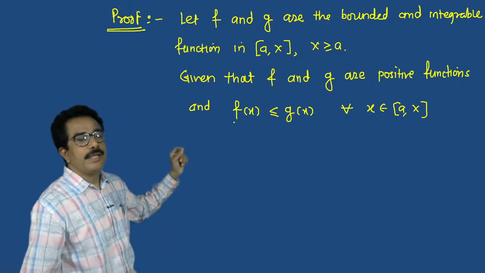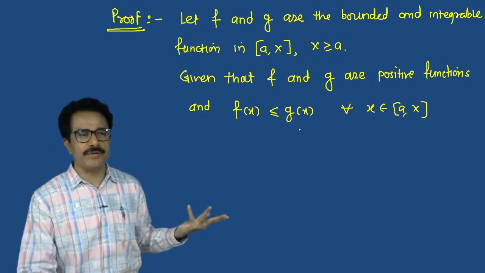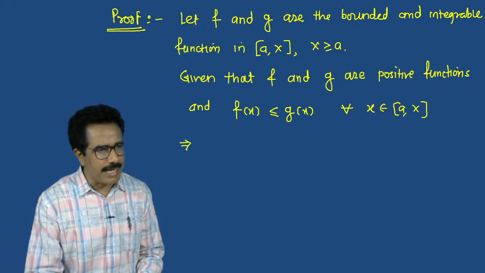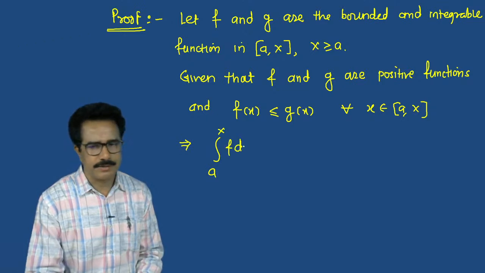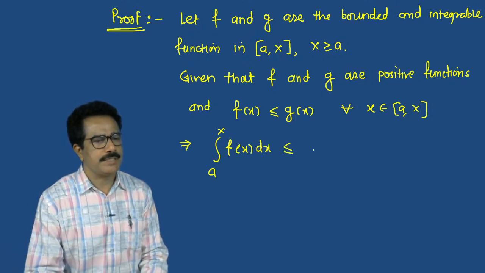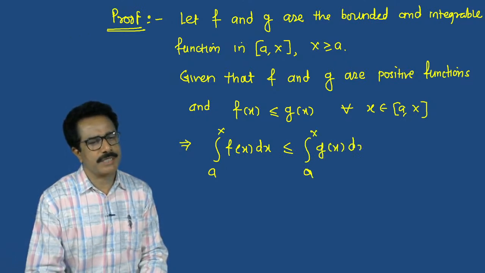If f is less than or equal to g of x and both are positive functions, then we can write that the integral from a to x of f of x dx is less than or equal to the integral from a to x of g of x dx.